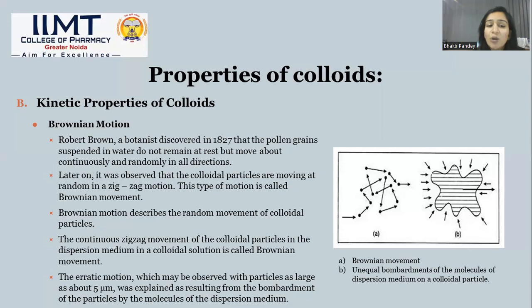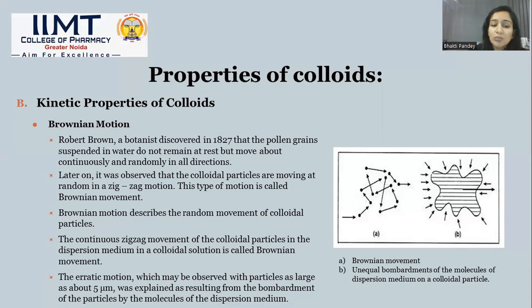This type of zigzag motion is known as Brownian movement or Brownian motion. Brownian motion describes the random movement of colloidal particles. The continuous zigzag movement of colloidal particles in the dispersion medium in a colloidal solution is called Brownian movement.